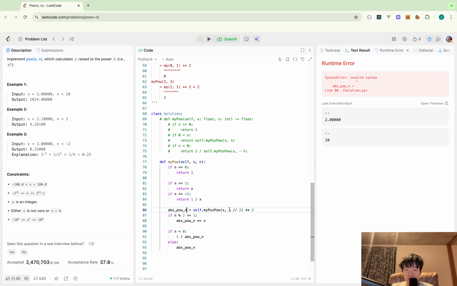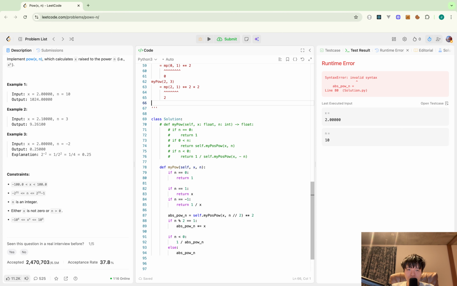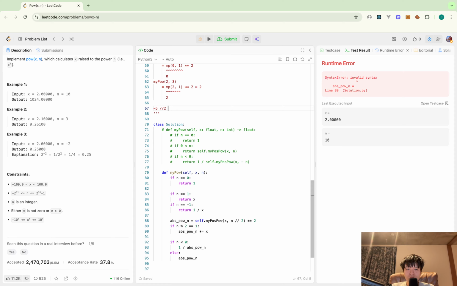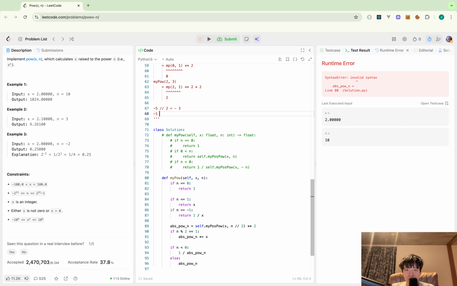But if n is say -5, -5 divided by 2 is, I don't know, let me check it. Okay, so -5 in Python. This returns -3. So this is maybe as expected.